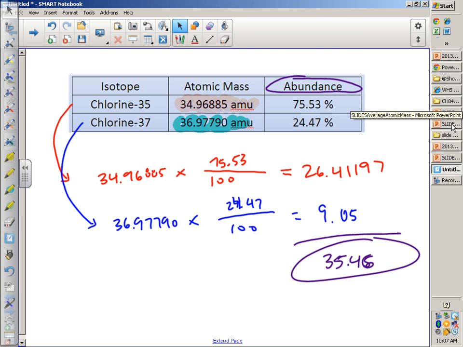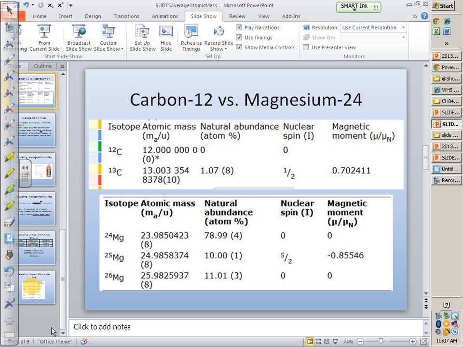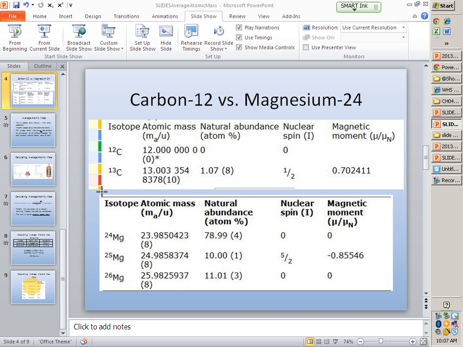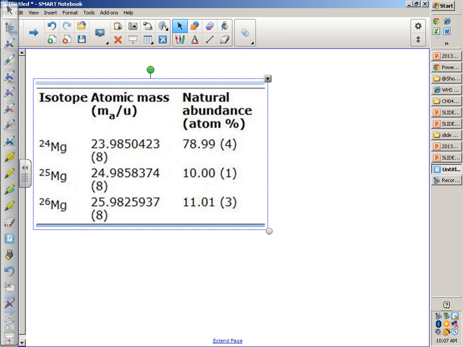Now's your chance. If you flip your outline that we've been working on back over to the front side, we talked about these two charts, and especially this one on the bottom that compared the different isotopes of magnesium to carbon-12. But if you look at that chart a little more closely, see what the third column represents? Natural abundance.